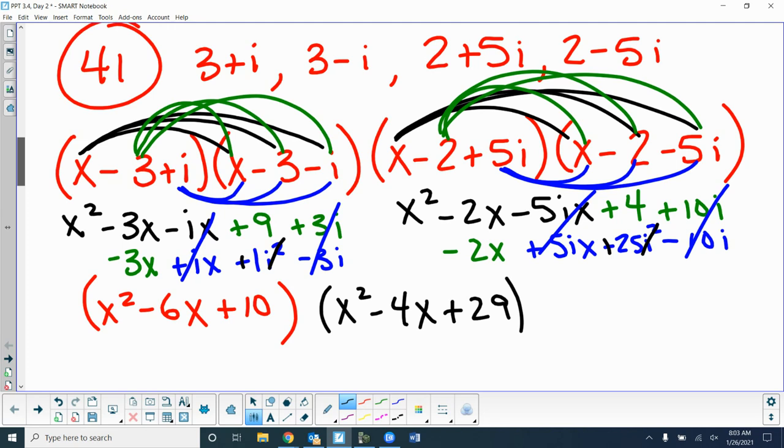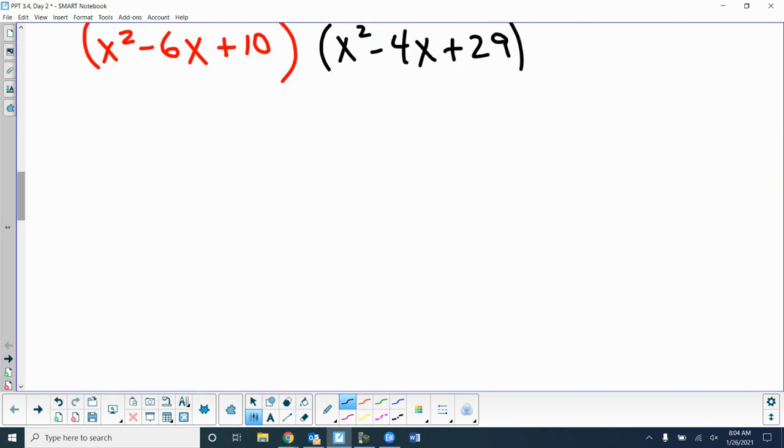Okay, Beard? Yeah. All right. So the final answer for that is x to the 4th minus 10x cubed plus 63x squared minus 214x plus 290.